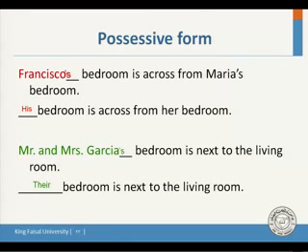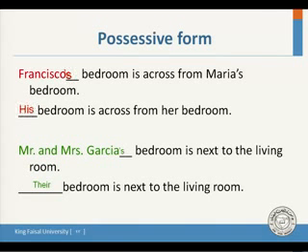Now you know the meaning of this sentence. Francisco's, do you see the S? Francisco's bedroom is across from Maria's bedroom. This is the possessive form. Now the pronoun his bedroom. We call this a possessive adjective. Francisco's, his.